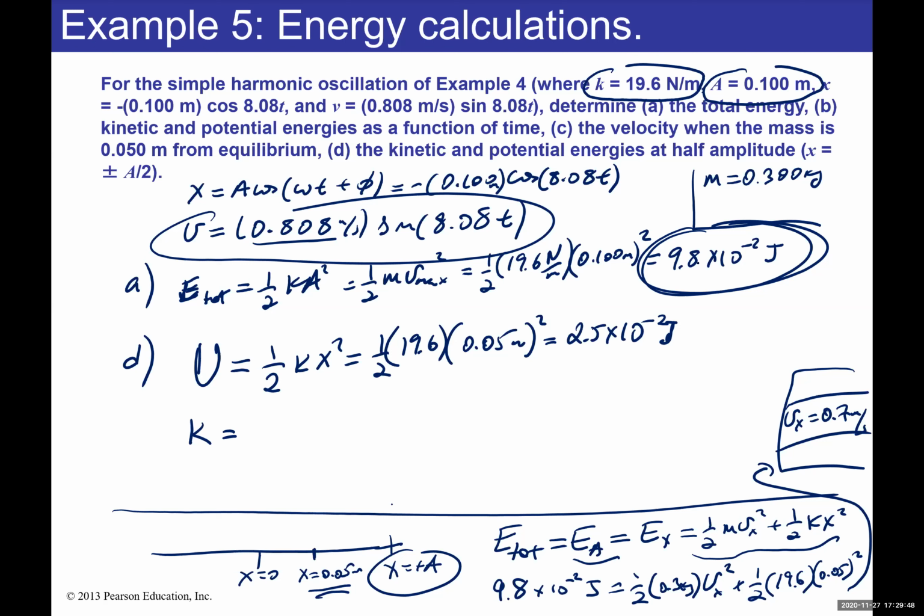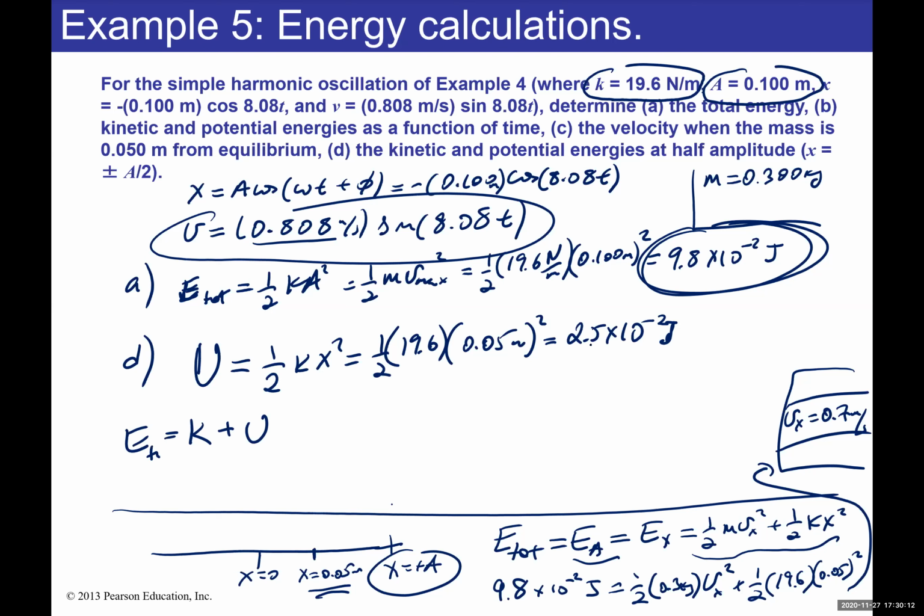But we can see from here that's not quite the case. I don't know how fast it is moving at that 0.05, which I could find using the same method I used in part C, but I can do it a little bit easier because kinetic energy plus potential energy equals the total energy.